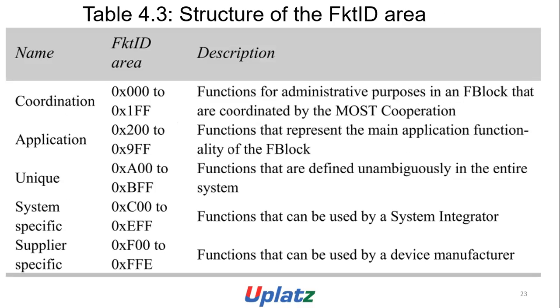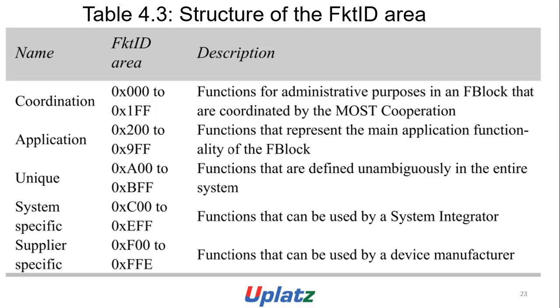Structure of the FktID: name, FktID area, description. Coordination, 0x00 to 0x1FF: functions for administrative purposes in an FBlock that are coordinated by MOST Cooperation. Application, 0x200 to 0x9FF: functions that represent the main application functionality of the FBlock.